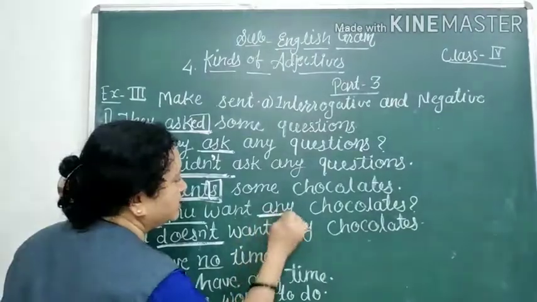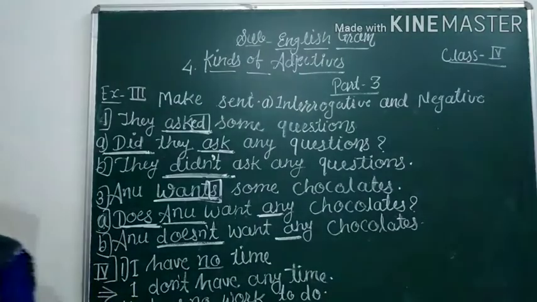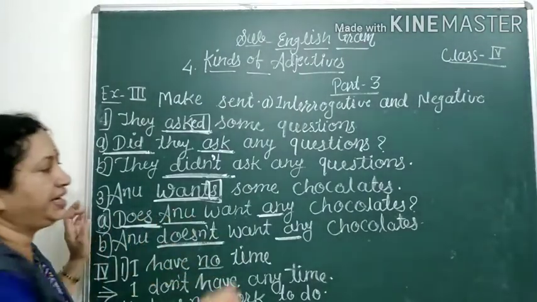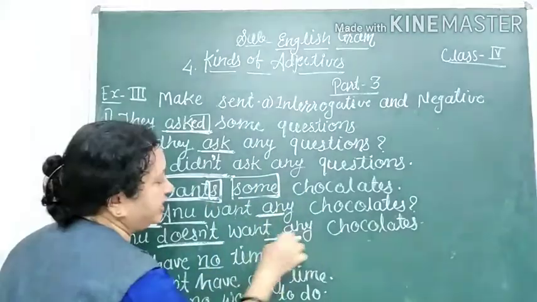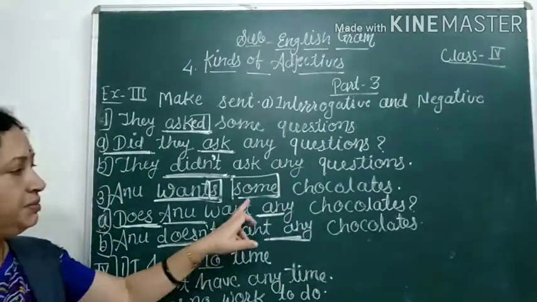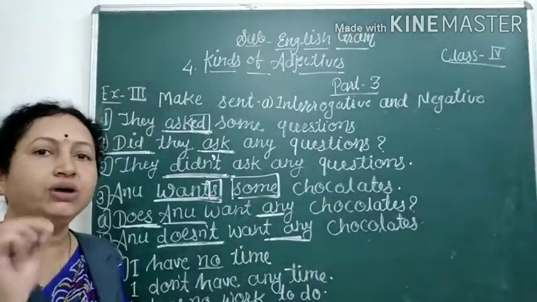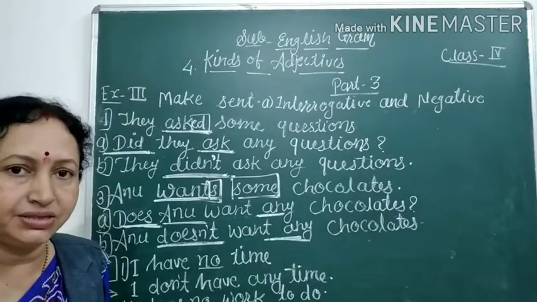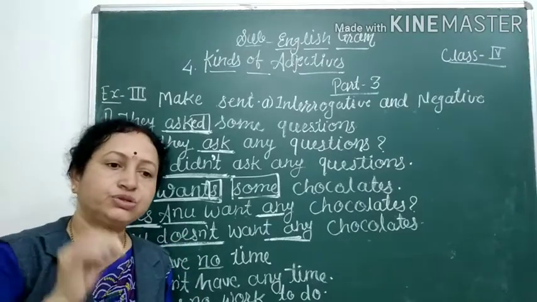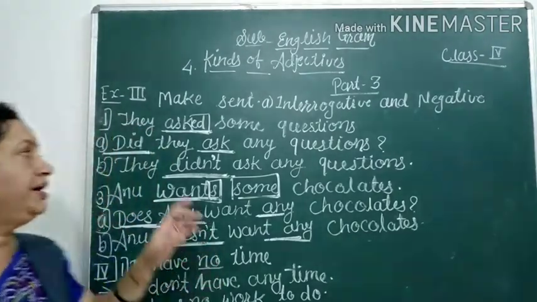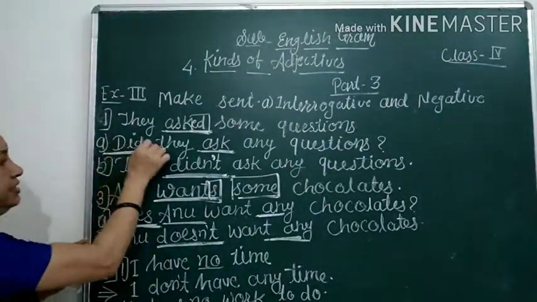And we have to use any here, because in negative and interrogative sentences we use any instead of some. Okay? Some is used in affirmative sentences and any in negative and interrogative sentences. So children, in present form we have to use do or does, and in past form we use did.